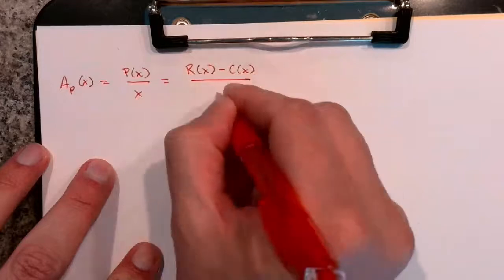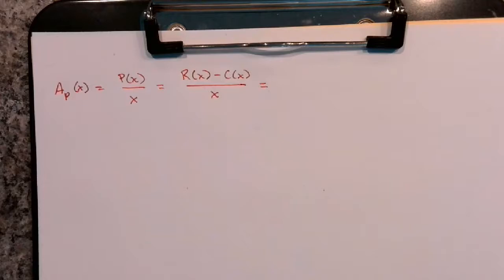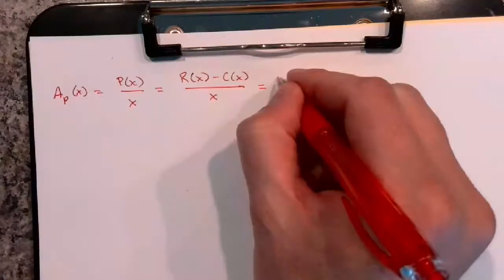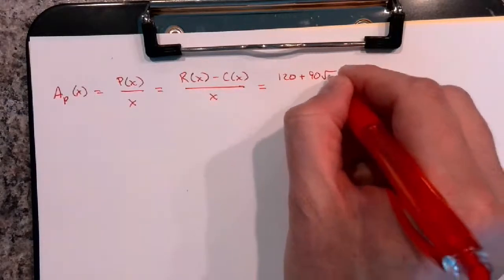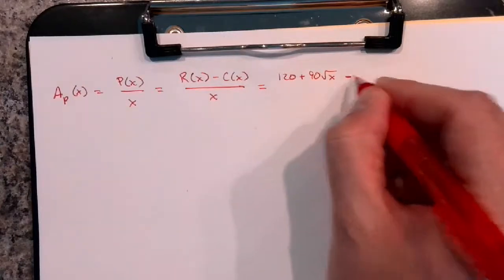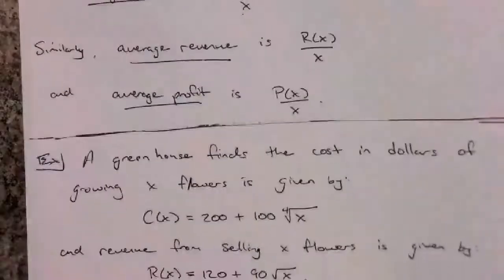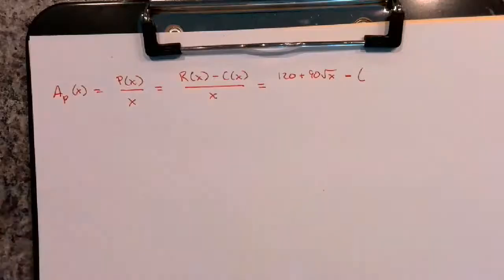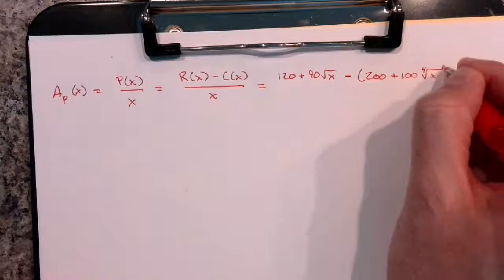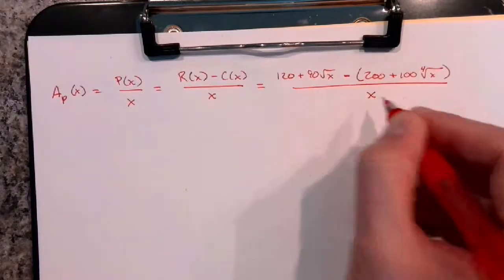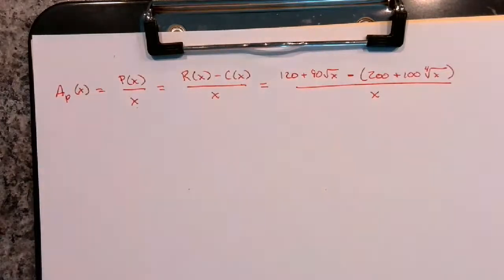So revenue function minus the cost function, over X. The revenue function was 120 plus 90 square root of X, minus the cost function. Make sure you put parentheses around it. It's minus the entire cost function, C of X. C of X was 200 plus 100 fourth root of X, all over X, because we want the average profit, right? So that's the profit function in the numerator. The average profit is that over X.